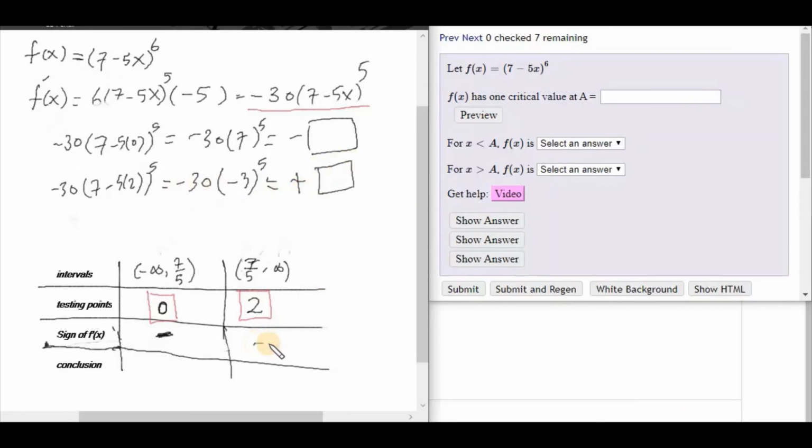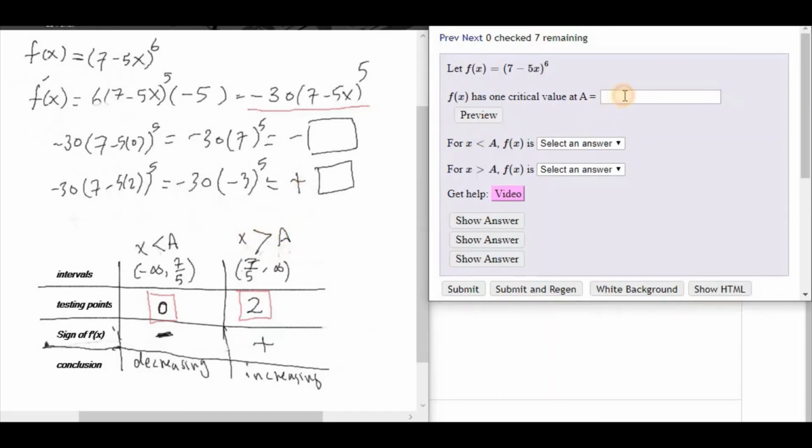You can verify. As a result, the conclusion is the function is decreasing on the interval where x is less than the critical value, and it is increasing on the interval where values are greater than the critical value that I found.